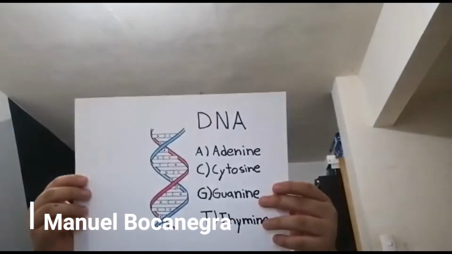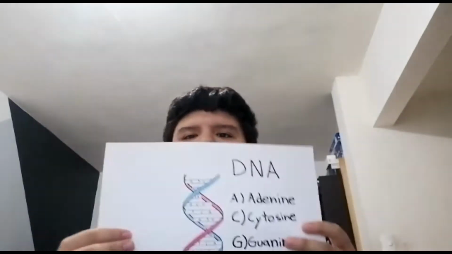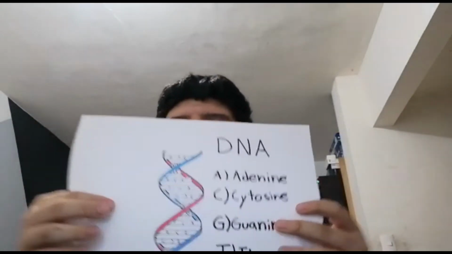Deoxyribonucleic acid, or DNA, is a polynucleotide where the strands are formed by the covalent bond between the phosphate group and the hydroxyl group of a sugar, and the steps are basically formed by the bases that are coupled together. That is, it has a structure in which 2 complementary chains are joined together, as you can see here.